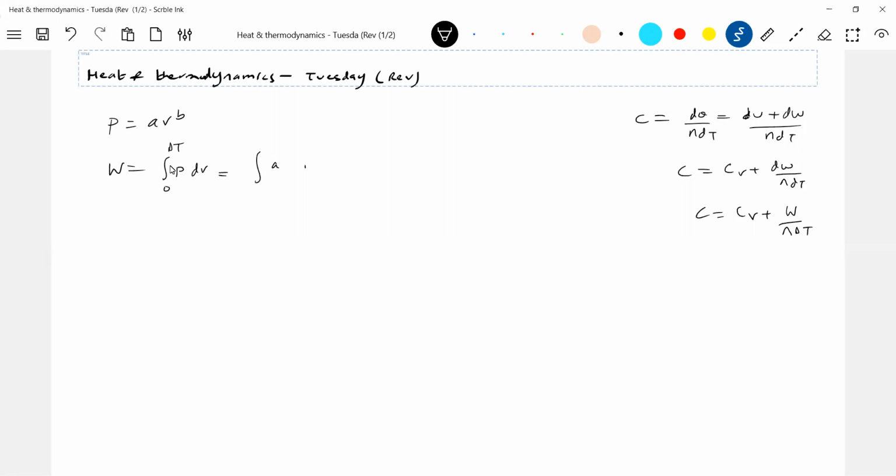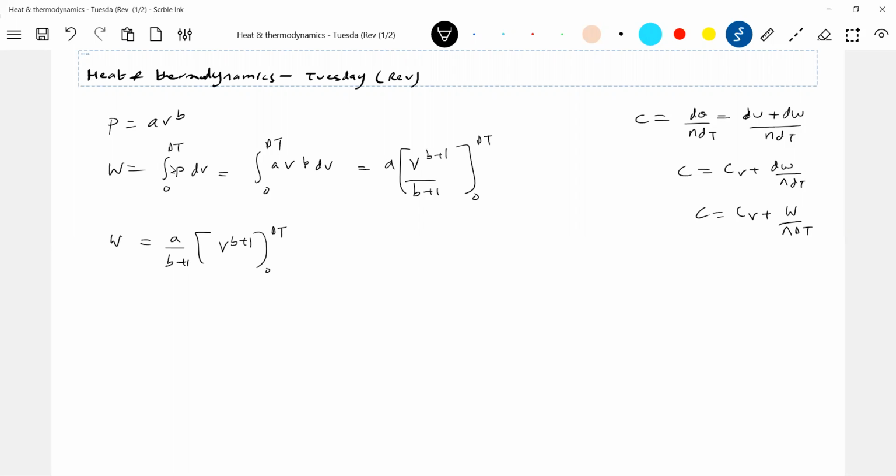What is P? A V to the power of B, dV, from 0 to delta T. This will be A V to the power of B plus 1, divided by B plus 1. I'll come to the limits later on.